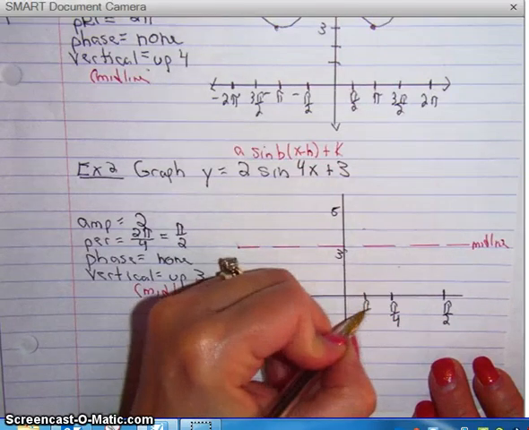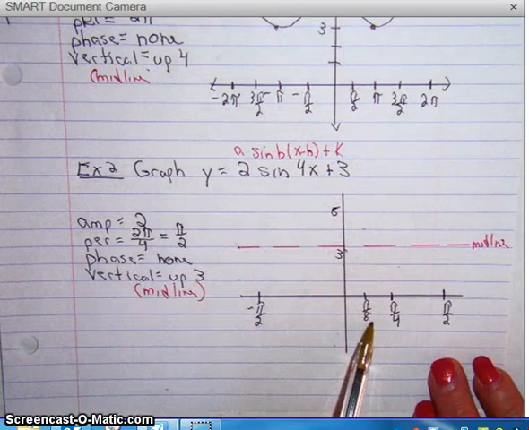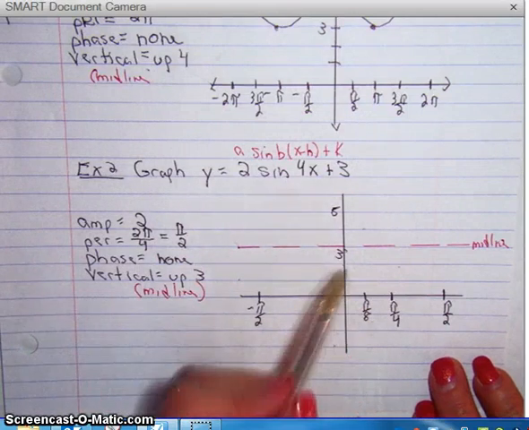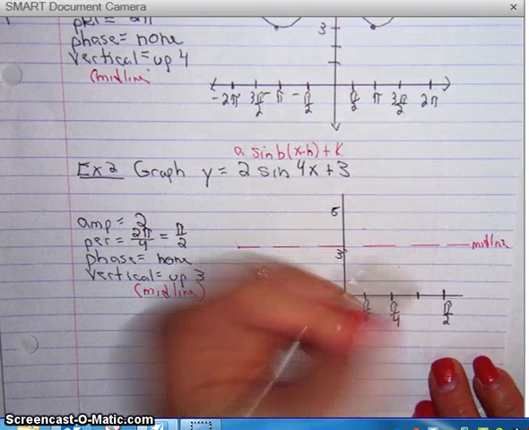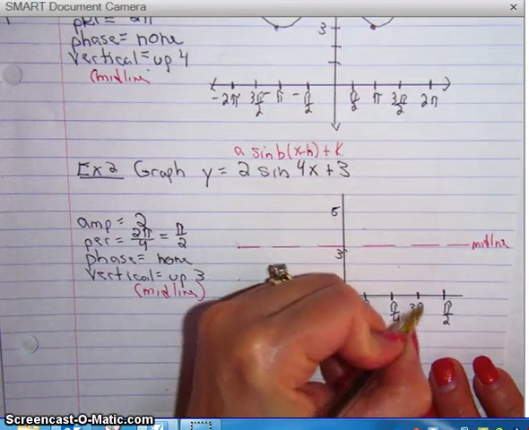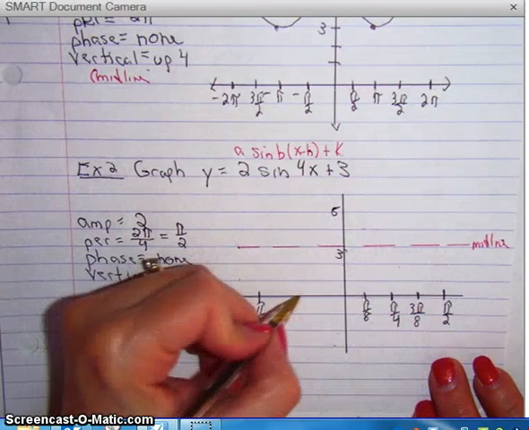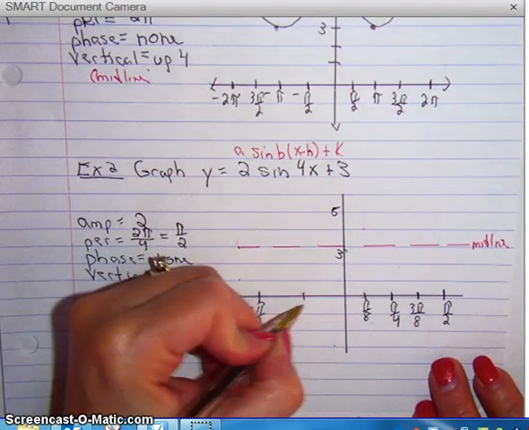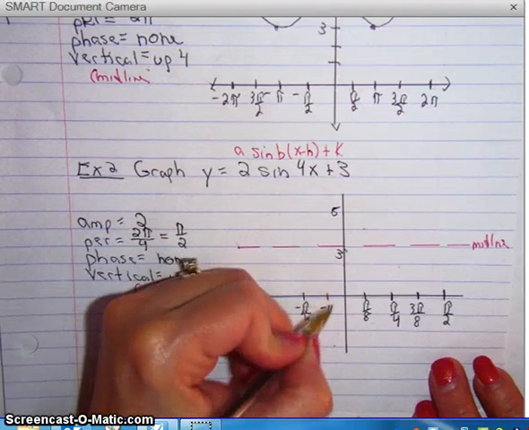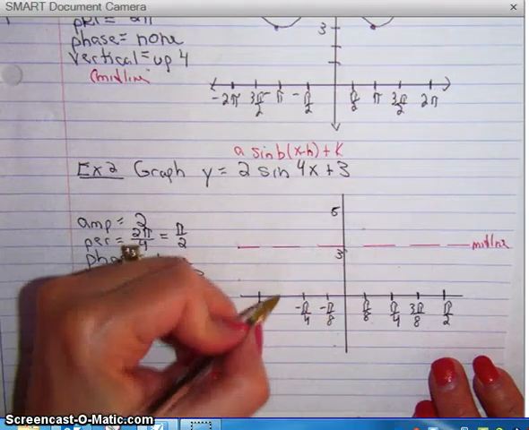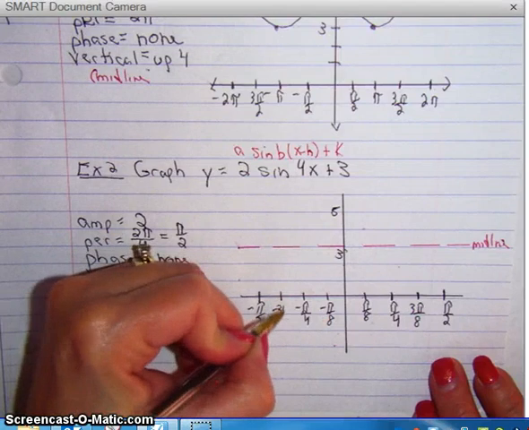Pi over 8. So now once you get the first tick, then you're going by pi over 8. 1 pi over 8, 2 pi over 8. So the next one is 3 pi over 8. So negative pi over 4, negative pi over 8, negative 3 pi over 8.